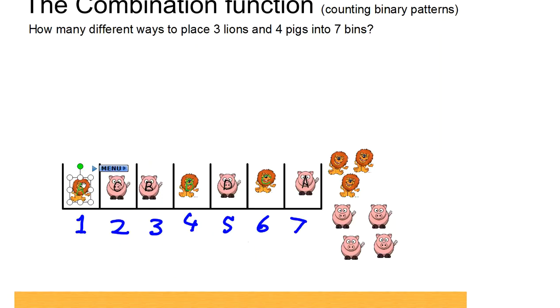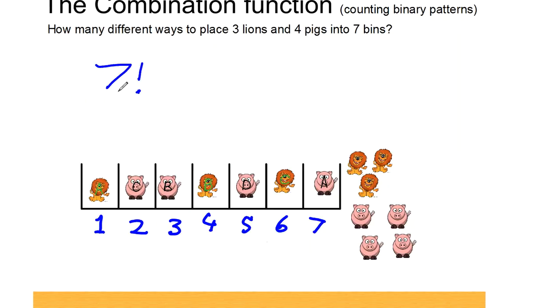And the number of possibilities for doing that is clearly 7 factorial. And then we need to divide by the number of possibilities for permuting the lions, because the lions have labels, but these labels are now irrelevant.